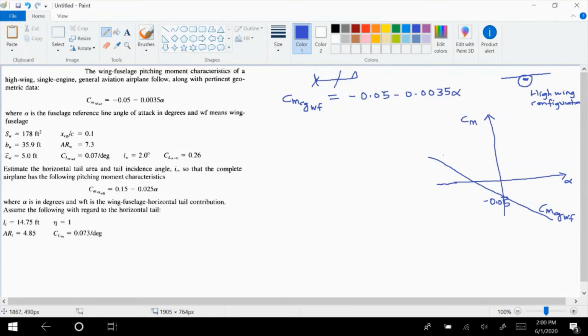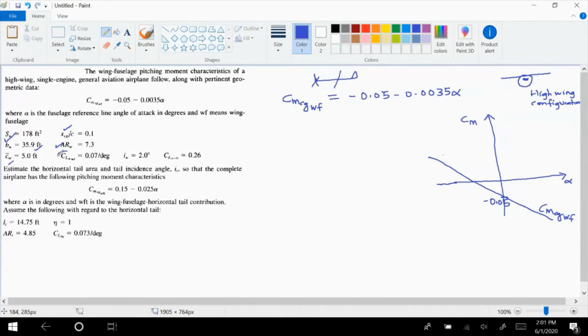Okay. So the planform area of the wing is given. The span length is given, 35.9 feet. The wing mean chord, this is the location of the center of gravity. The aspect ratio of the wing is given, although we could have calculated it because we know S_W and B_W, so it was not necessary to give this. Then the lift, this is C_L alpha, right?